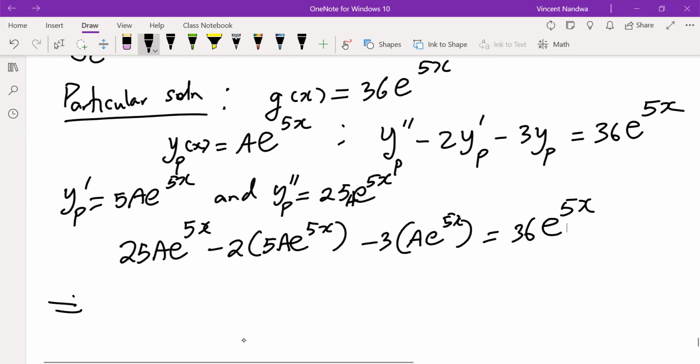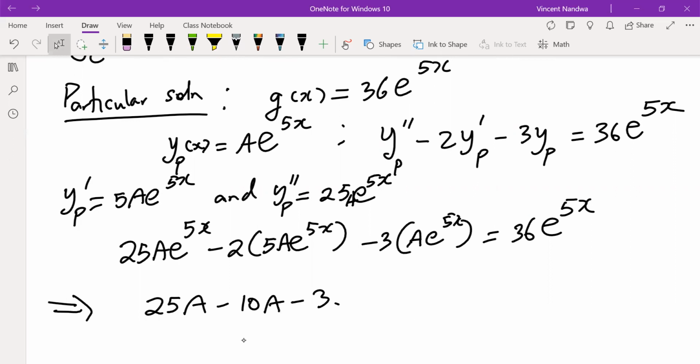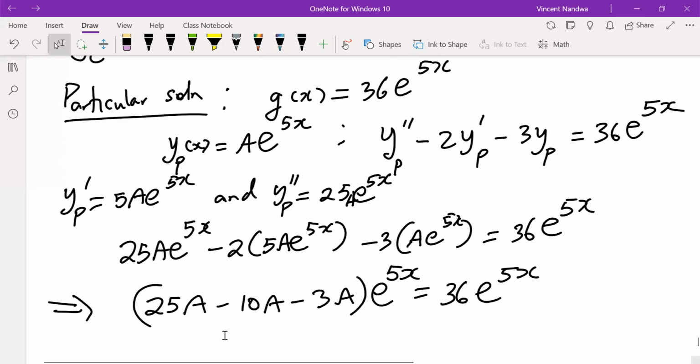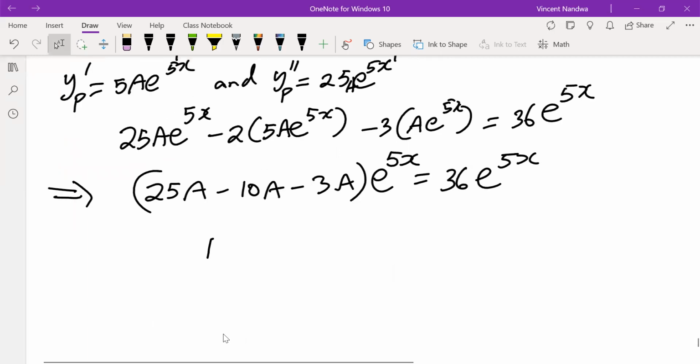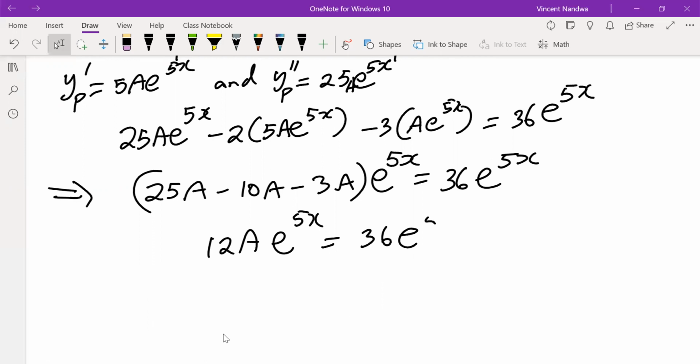Now this means (25a minus 10a minus 3a), then multiplied by e raised power 5x, should give us 36 e raised power 5x. So this will be 12a e raised power 5x equals 36 e raised power 5x.